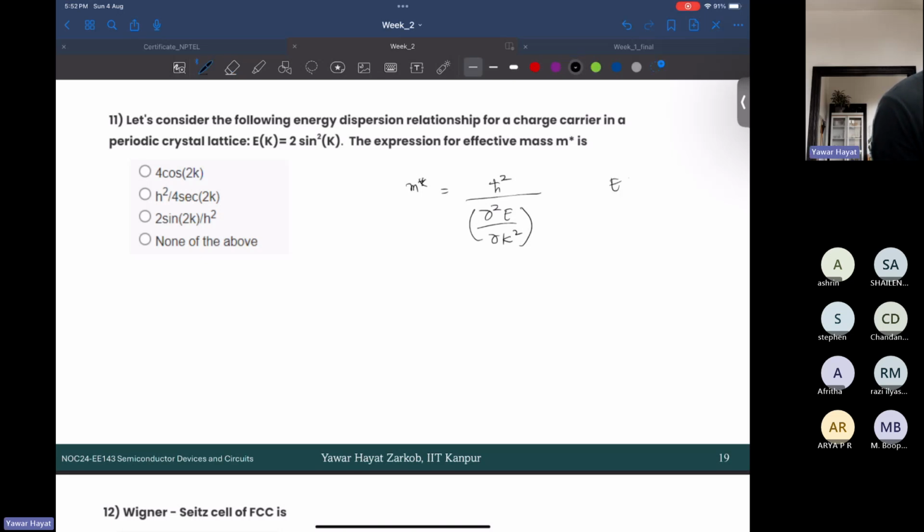If we write e of k is equals to 2 sine square k, right? So this is 1 minus cos of 2k, right? And if I differentiate this twice with respect to k, just work it out, it should be 4 cos of 2k. So yeah, I guess it's not matching with the options at least.